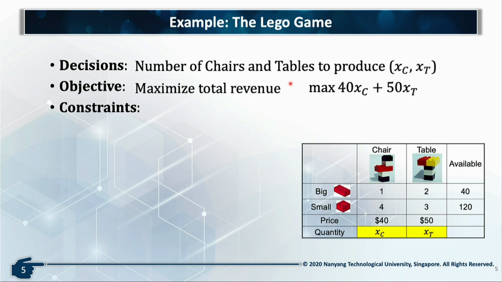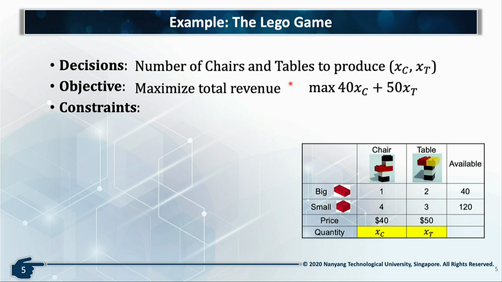Okay? Then the question is, can we produce as many chairs, as many tables as we wish? Is it possible? No. Why? Yeah, because producing those chairs and tables needs to consume some of the bricks, right? And we only have a limited number of the big bricks and the small bricks available.